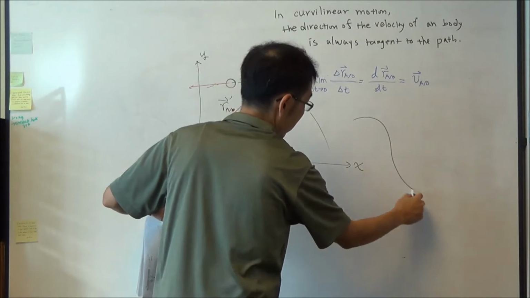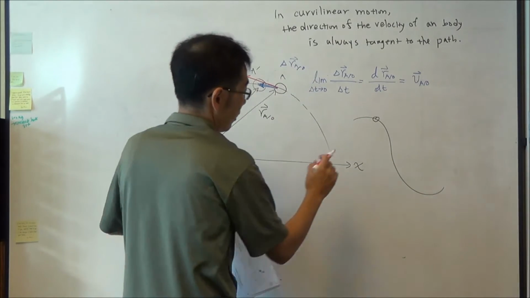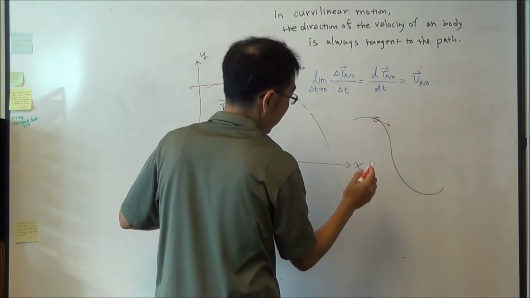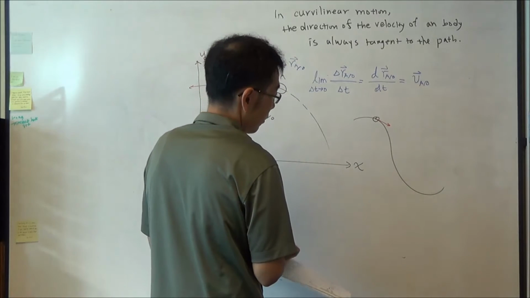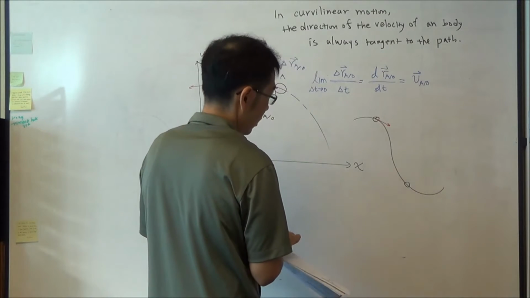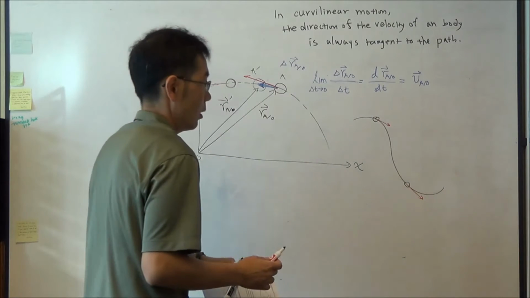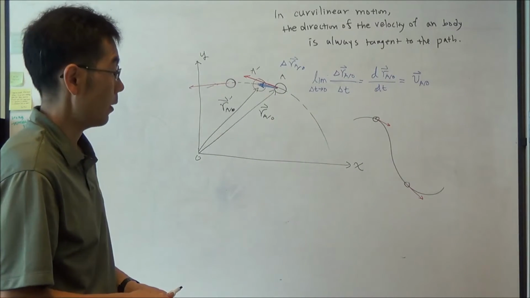So let's say your particle just moved along this path, then the velocity is just tangent to here. If your particle moved along here, the velocity is always tangent to the path.